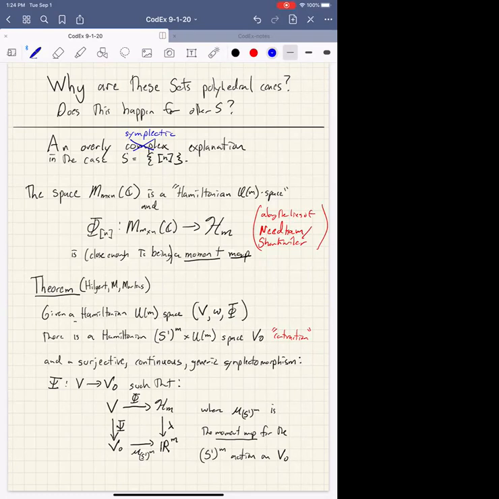And so here's a construction that can be used to analyze one of these moment maps. If you're given one of these Hamiltonian spaces, in this case think of V as the M by N matrices, where this omega here is a symplectic form and this phi is a moment map, you can actually make a new space, which I'll call V naught, called the contraction of V. And what you get when you perform this contraction operation is a new Hamiltonian UM space that now has a whole new group of symmetries.